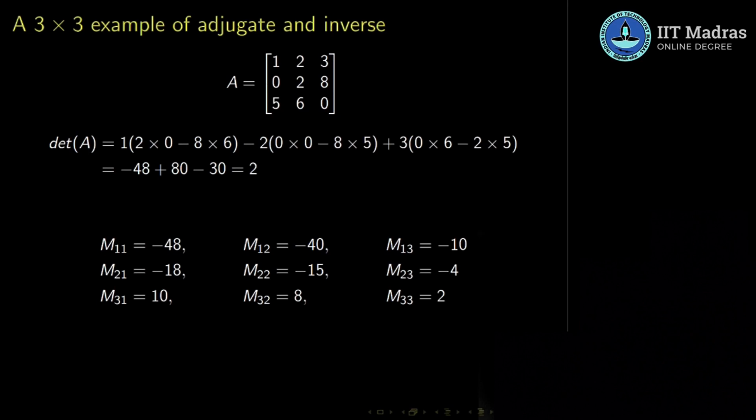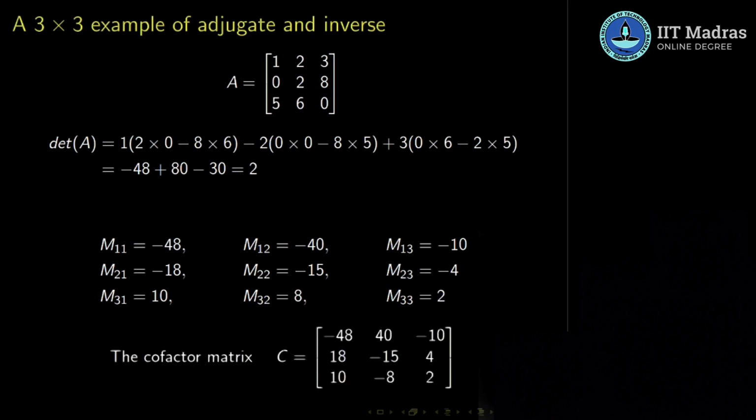Why is that M11? Because that is what you get by hiding the first row and the first column. So, you get 2 times 0 minus 8 times 6. Okay. So, you can check the other entries, so the other minors, and hopefully you will get these numbers.